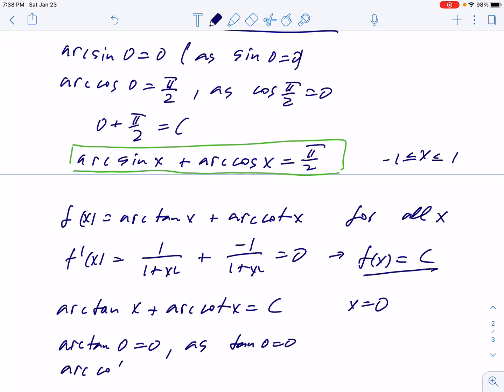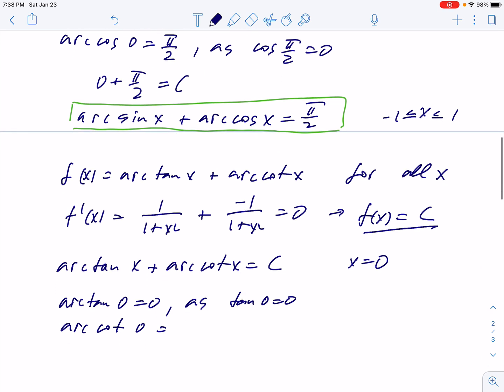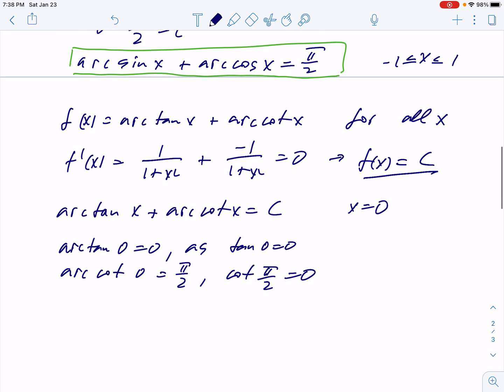Arc cotangent 0 equals what? Equals pi over 2 because cotangent pi over 2 is 0. So in our equation, we get again 0 plus pi over 2 equals c. So c is pi over 2.